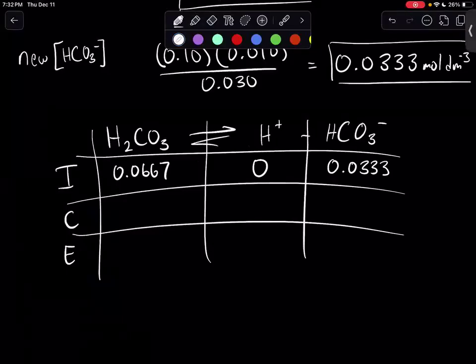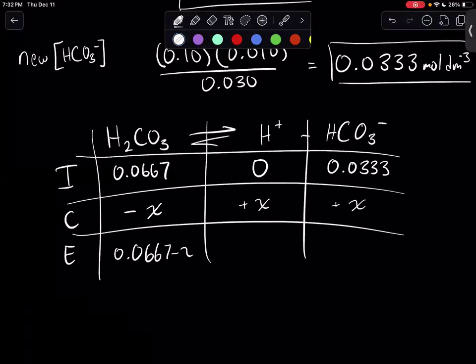table. We're using concentration. We will lose some amount x as it dissociates. We will gain some amount x. We will get 0.0667 minus x, and 0.0333 plus x.